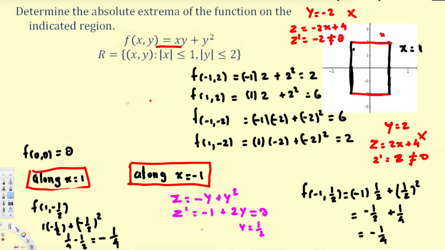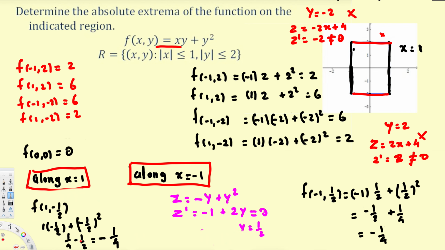We know that f(-1, 2) is equal to 2, and f(1, 2) is equal to 6, and f(-1, -2) is equal to 6, and f(1, -2) is equal to 2, and here we have f(1, -1/2) that was equal to negative 1 over 4, and f(-1, 1/2) was also equal to negative 1 over 4.